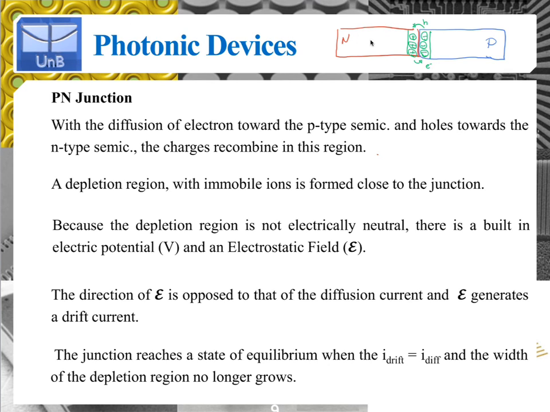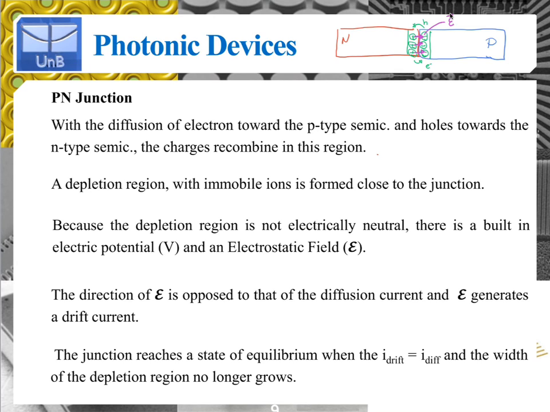Here there is no net charge, nor here, so there's no electric field in this region or this region. But here, you have immobile ions, and this means that you have an electric field in this direction across the junction, right? From the positive charge to the negative charge, as we know from the laws of electrostatics, there will be an electric field, which I've just drawn.